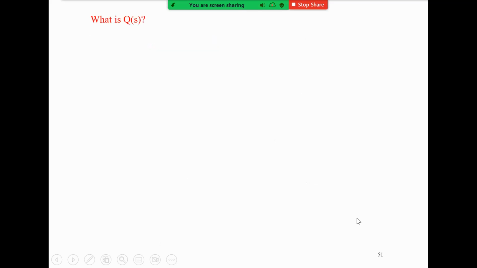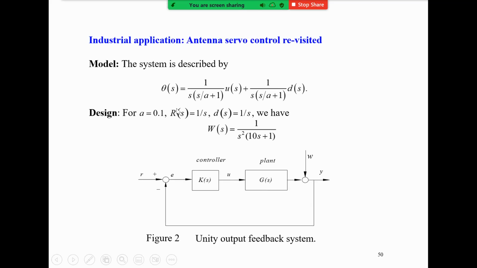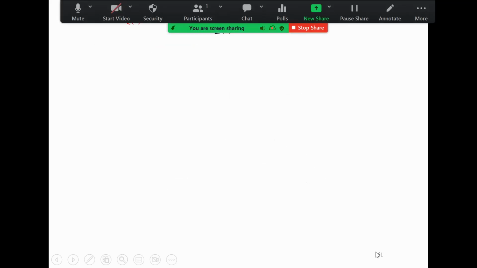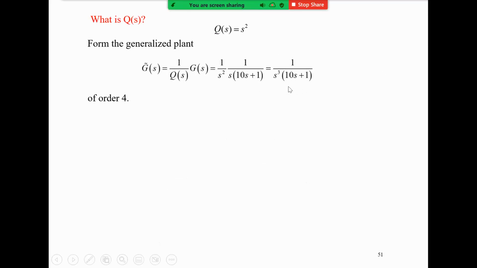All right, so what is Q? Remember, because the reference is 1 over S, the disturbance has a S squared in the denominator. So therefore Q is S squared. And then I'm going to show you the 2 ways. One is the generalized plant. You follow the first way, it will be of order 4. Then you design a controller with order of 3.